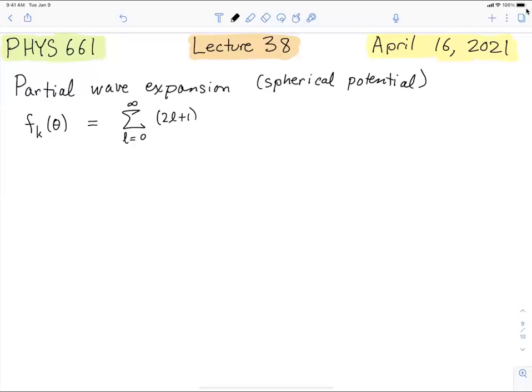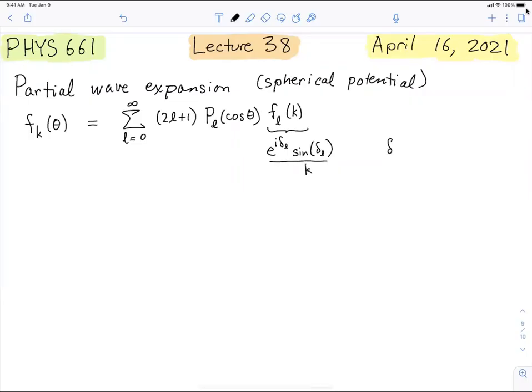There's a normalization factor. The angular dependence is in a Legendre polynomial. And then there's a factor that we call f sub L of k, which doesn't depend on the angle. There are different ways of writing this, but one way is you can write it as e to the i delta L times the sine of delta L divided by k.